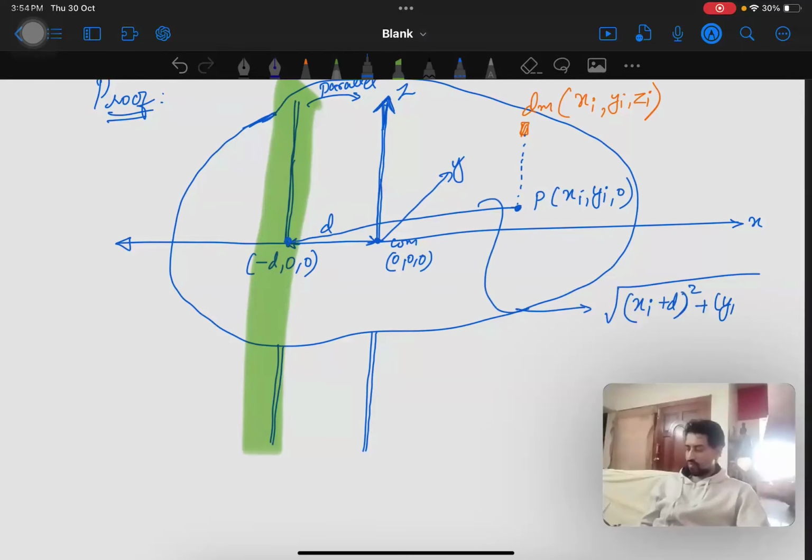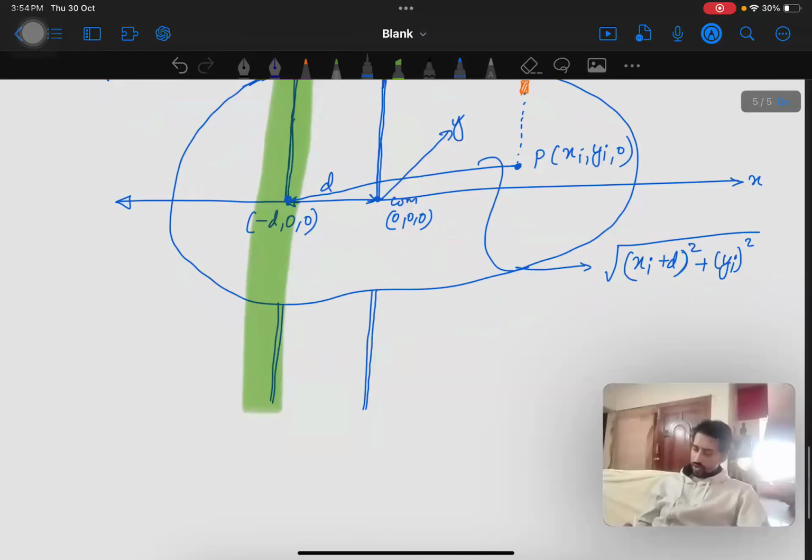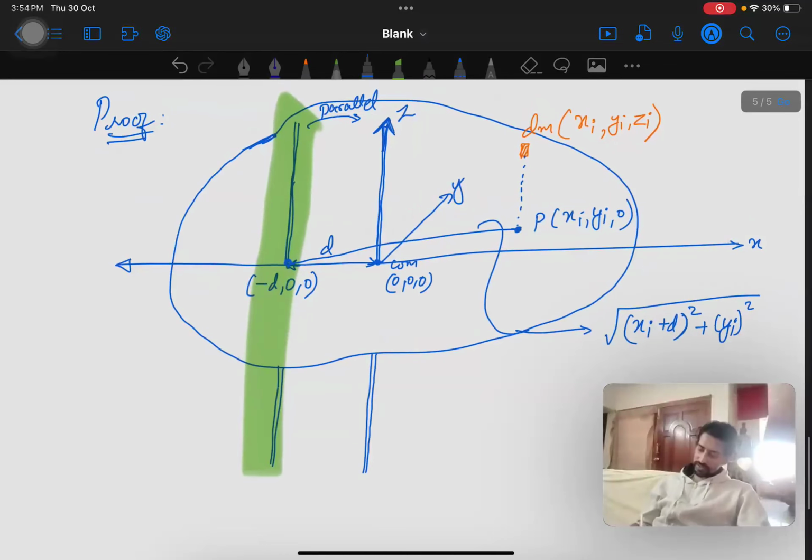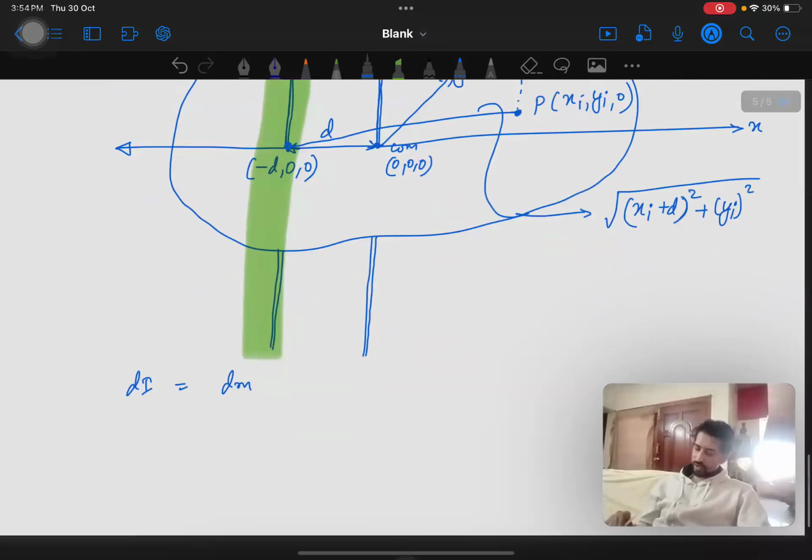plus yi square. And therefore, what would be the moment of inertia of that element about this axis? We call that dIi. We get dm multiplied by the square of the distance. What is that? (xi plus d) the whole square plus yi square. Fine.